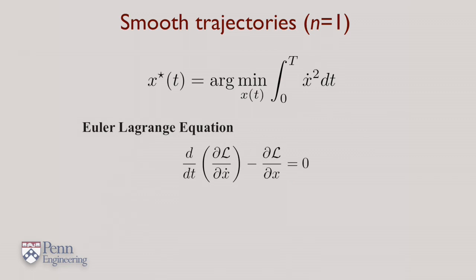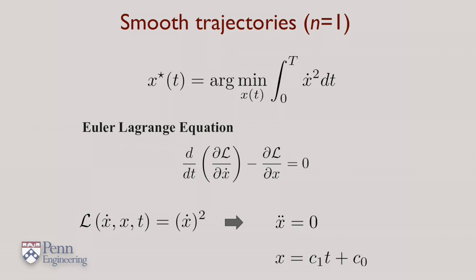If we take the Euler-Lagrange equations and let the functional L be equal to the square of x dot, you quickly find out that this equation reduces to a very simple differential equation, x double dot equal to 0, which you can then solve.